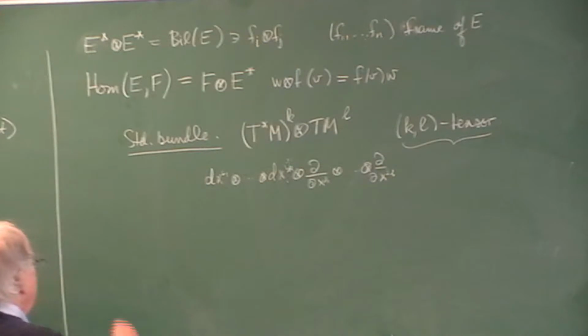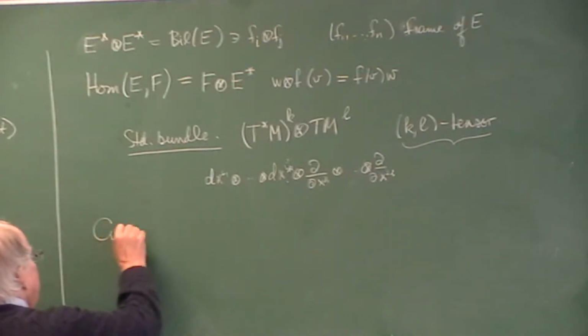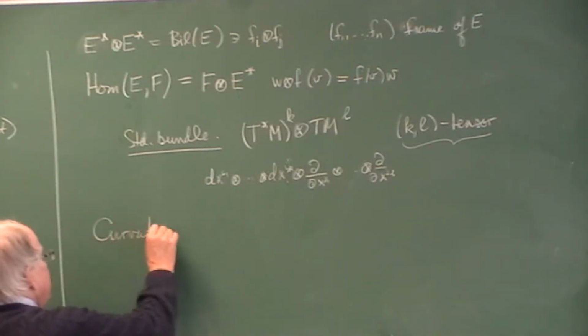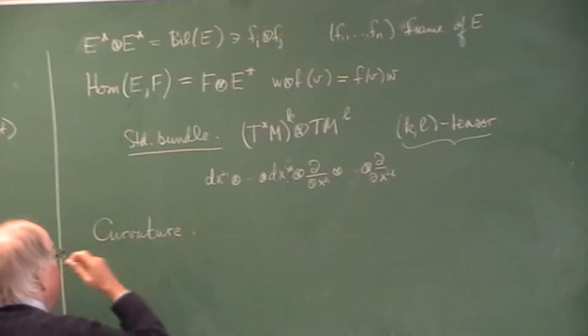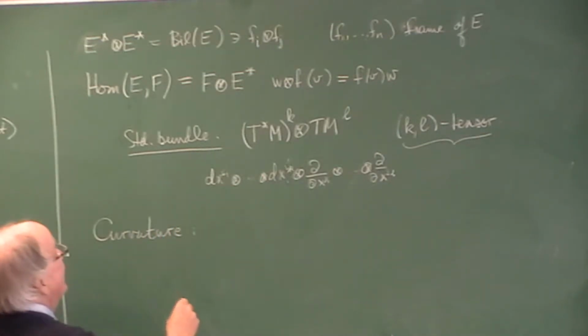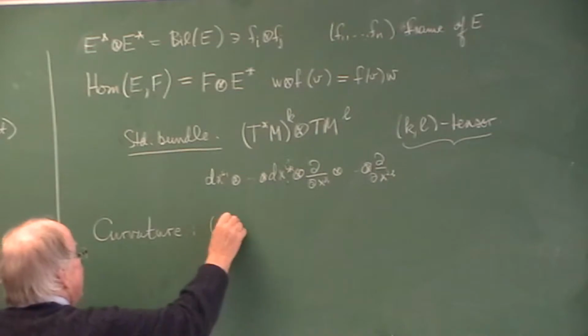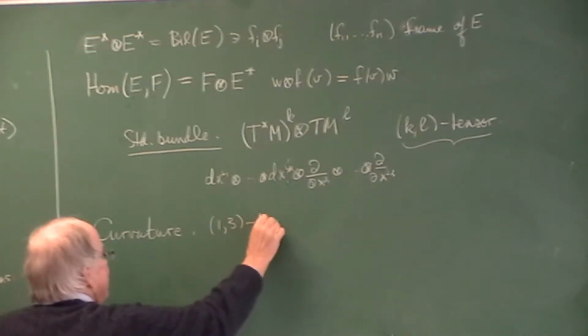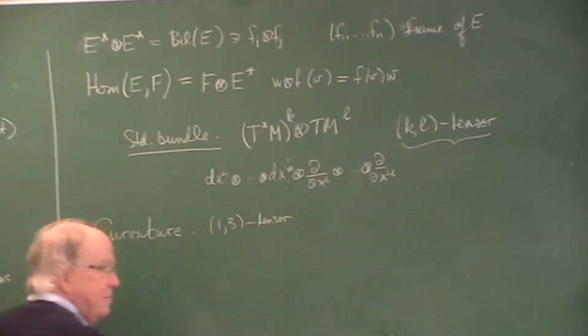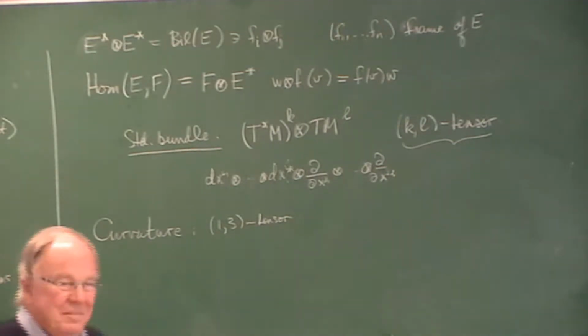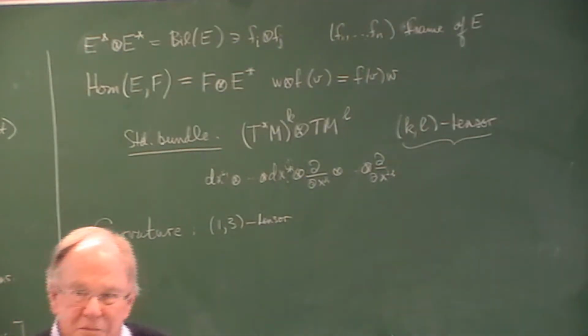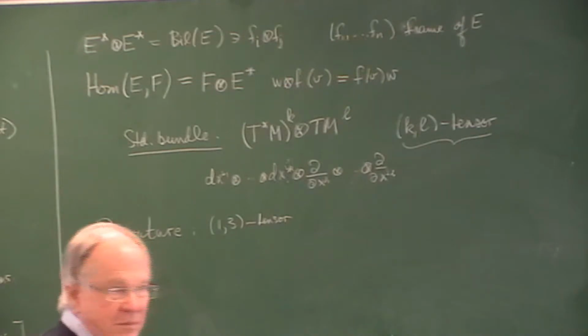I will talk later today about something called curvature, the first Riemannian curvature. So curvature, now to get it right, I think, is a 1-3 tensor, Riemannian curvature, whatever it is.